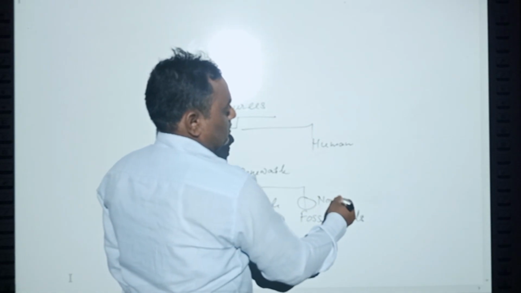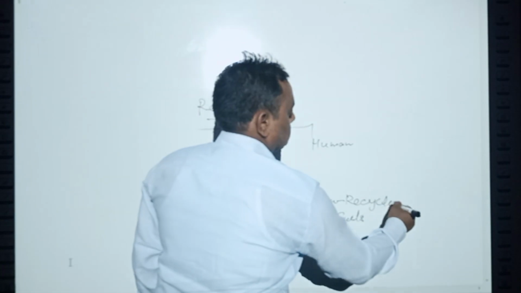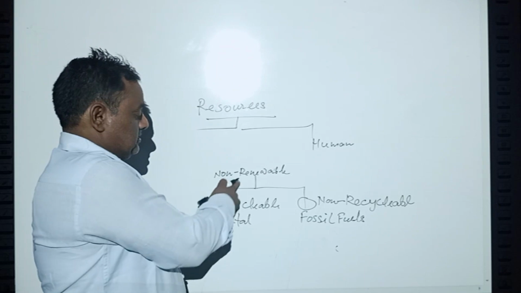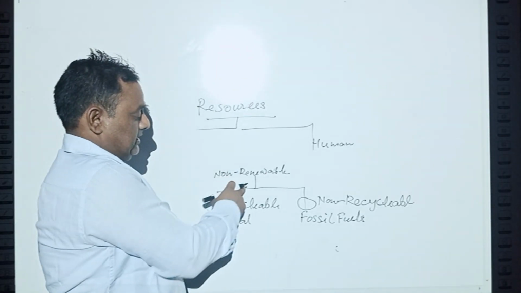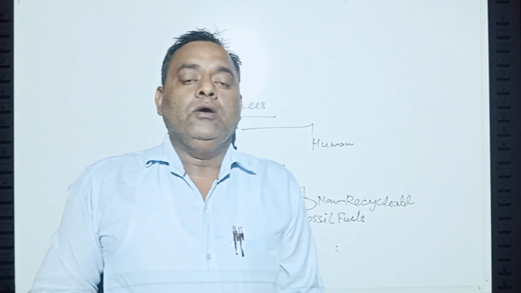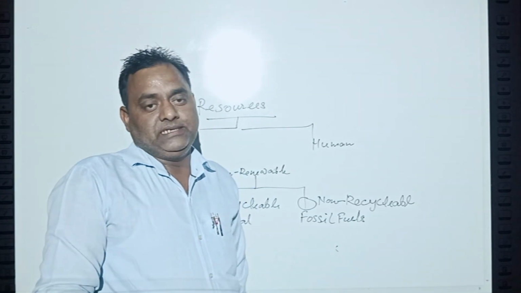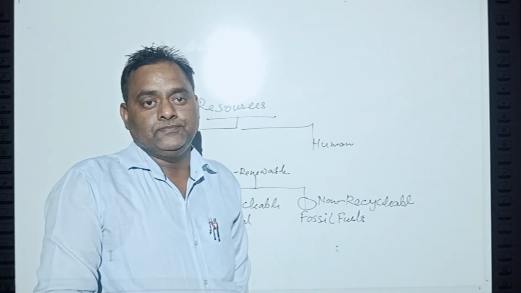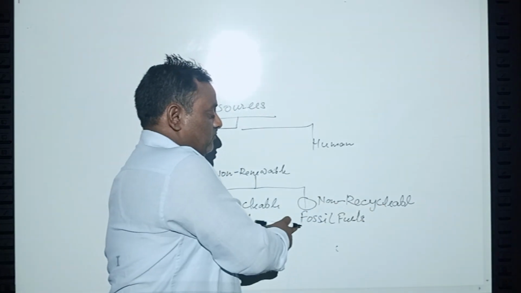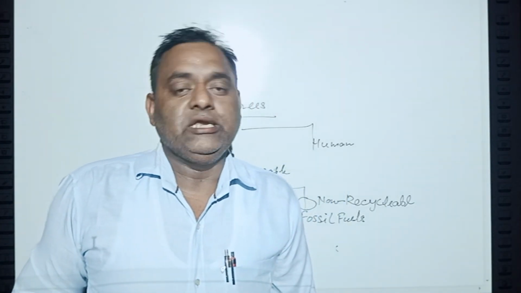Recyclable and non-recyclable. If a resource is recyclable, like metals, it can be obtained once again by the process of melting in industry. But with non-recyclables, like fossil fuels, they are for one-time use, and afterwards they are not generated or reproduced.